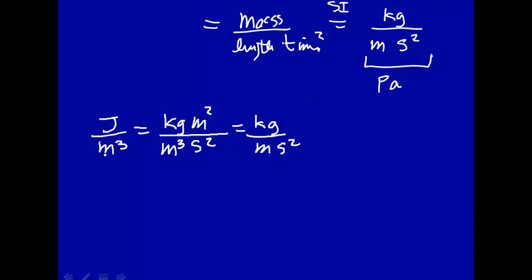Oh, look, so a joule per meter cubed is the SI unit of pressure, which is Pascal. All right, one further thing is that 1 bar is not the SI unit of pressure. The SI unit of pressure is Pascal. 1 bar is defined as 10 to the 5th Pascal.